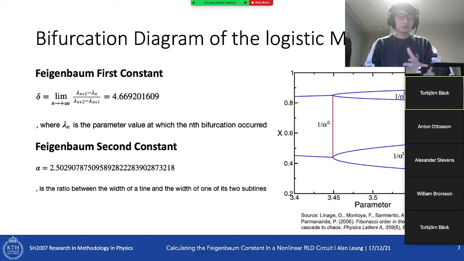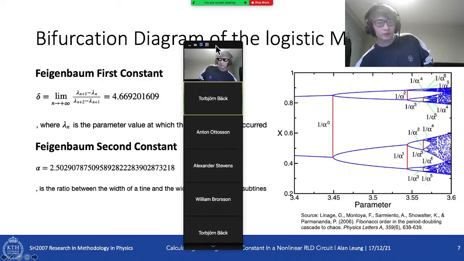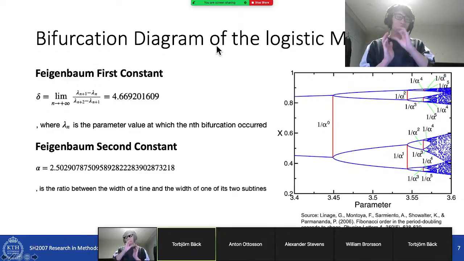That is shown in the plot at the right, where we see some bifurcations. The second constant is about the ratio between the widths of the tines, one of these two subtines. We can find it has some ratio above the length between them.